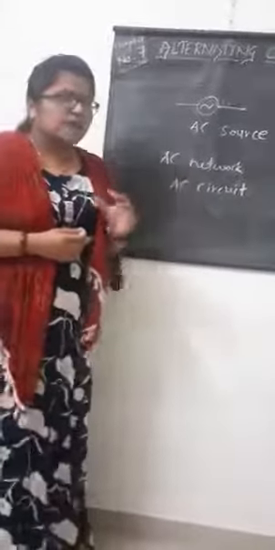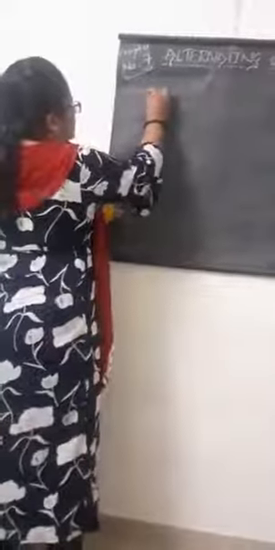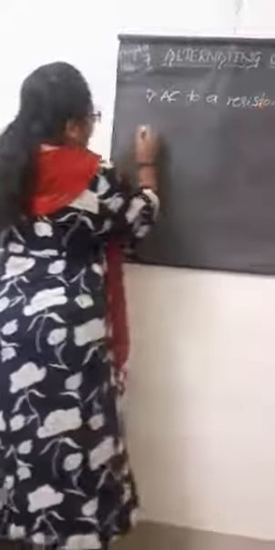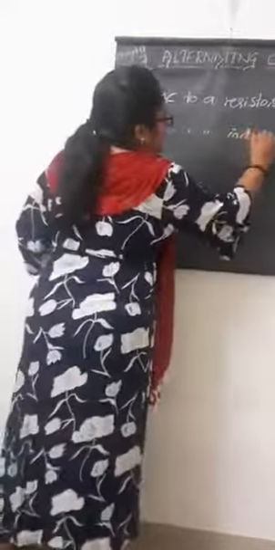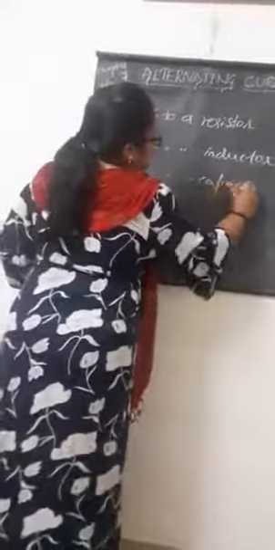In any electrical network, you use this source of power supply. Such networks, in which such current flows, are said to be AC networks or AC circuits. So here I am using an AC source in every electrical network. See here, first I am using an AC source connected to a resistor, an AC source connected to an inductor, and an AC source connected to a capacitor.